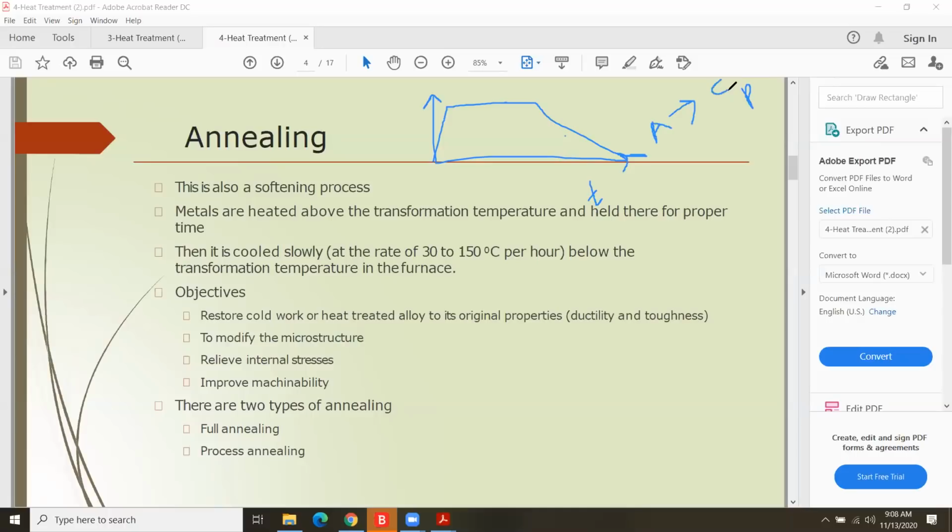That means the steel becomes soft, right? But the disadvantage when you compare with normalization is that the normalizing cooling process is a faster process.